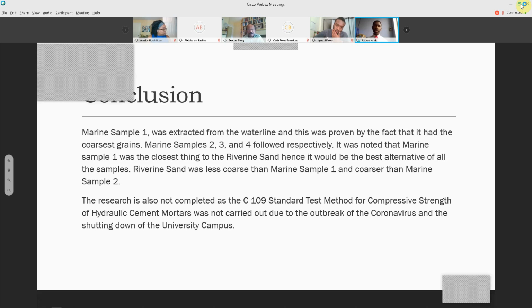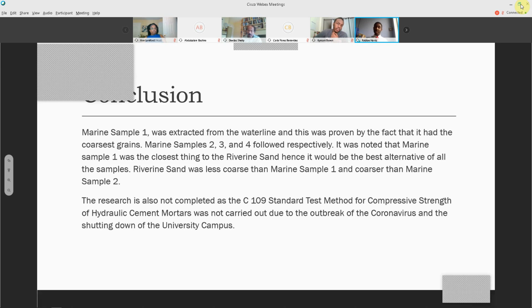We had a control sample of riverine sand, to ensure that we were getting some results similar to riverine sand, which was the best material for construction. It was noted that riverine sand and marine sample number one were the closest together. So we decided that marine sample number one would be used to test the strength of this material.